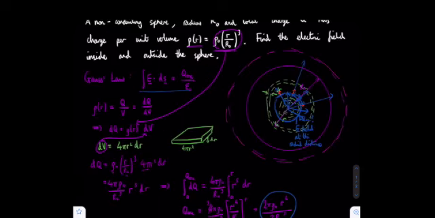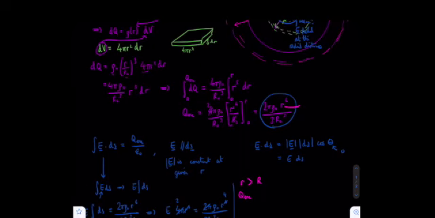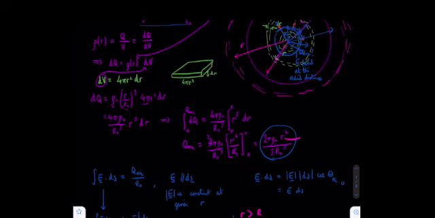Well, that would be this surface here. Say at some distance r away, we are outside the sphere. We form a Gaussian surface outside the non-conducting sphere, and that means that r is greater than big R. What does that mean for the charge enclosed? Well, the charge enclosed will be the whole total charge in it, and that would be when r is a distance of big R away.